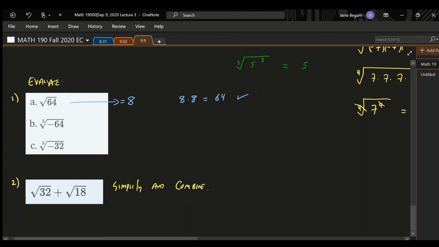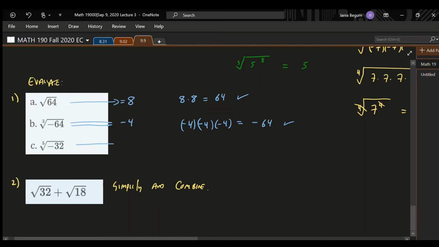Now can someone tell me the answer for number 1B? -4. Okay, let's check: -4 times -4 times -4. It's a cube root, so you should be multiplying this number 3 times. So that's negative 64. Check.